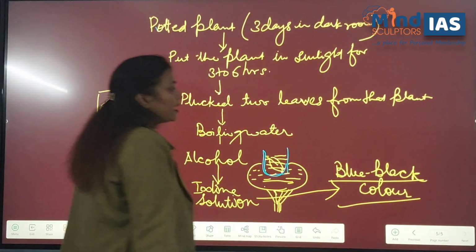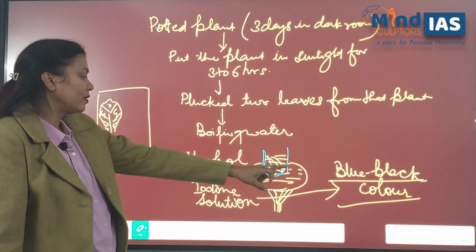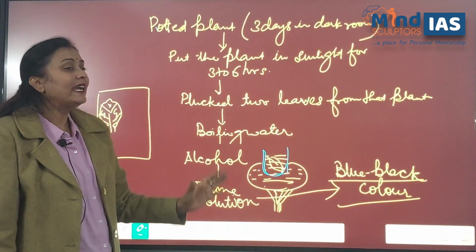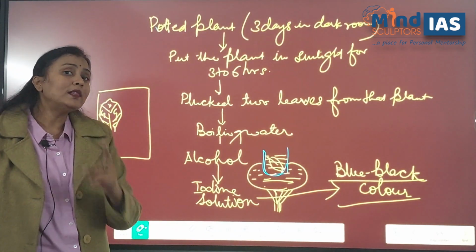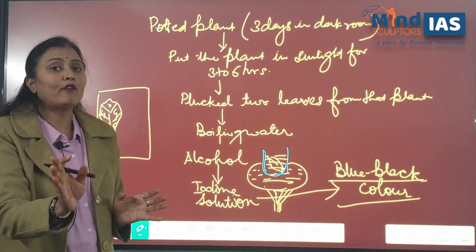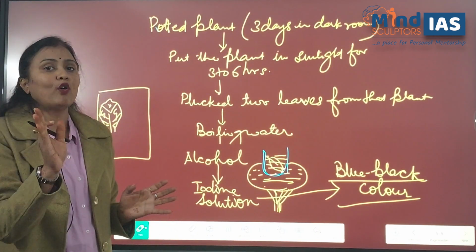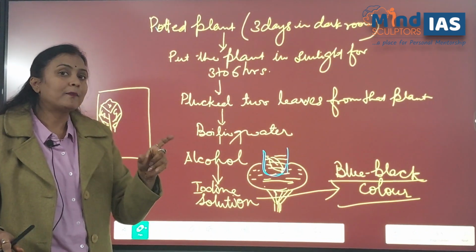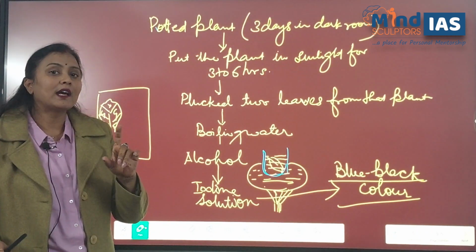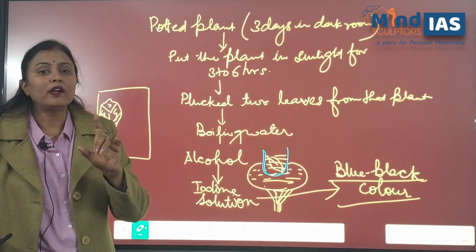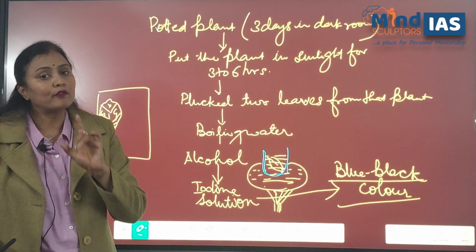Hence, the change in color in green areas from normal to blue-black indicates that all the green parts in the variegated leaf perform photosynthesis and form glucose, because the yellow part in the money plant will not change into blue-black color, as there the chlorophyll is absent and they are not taking part in the preparation of food.